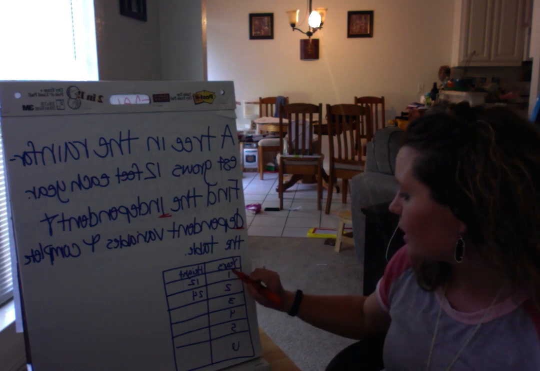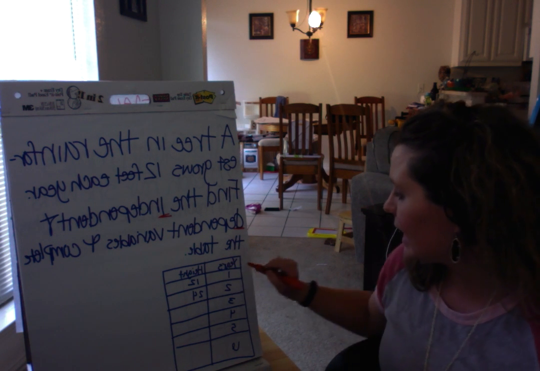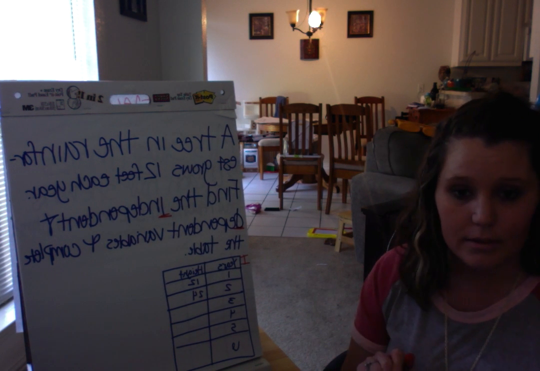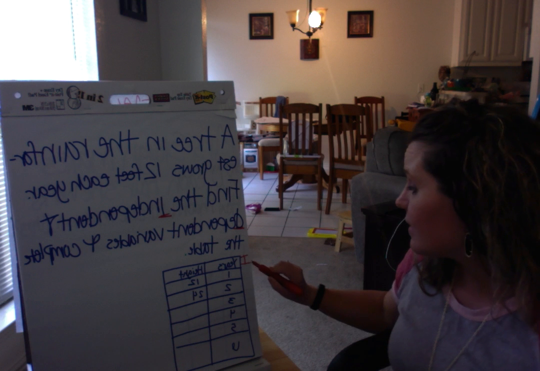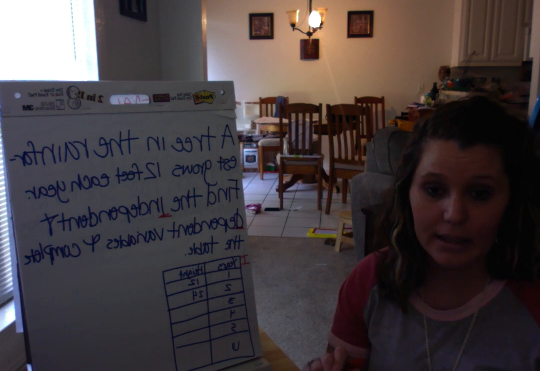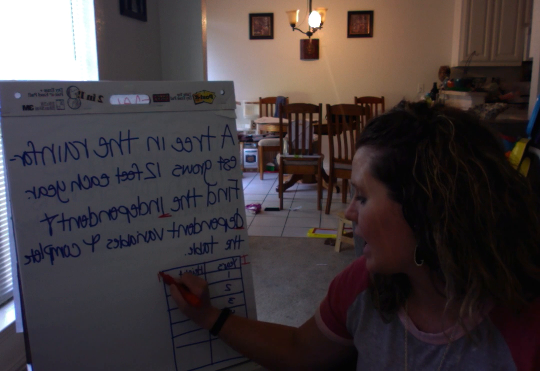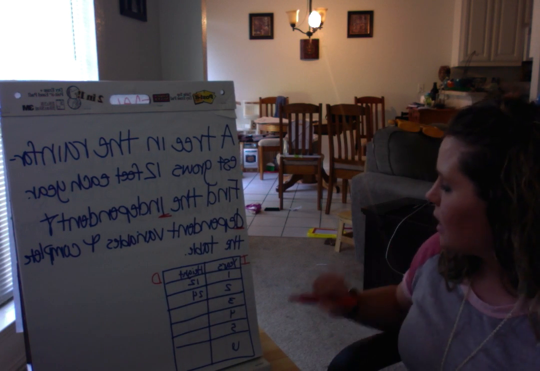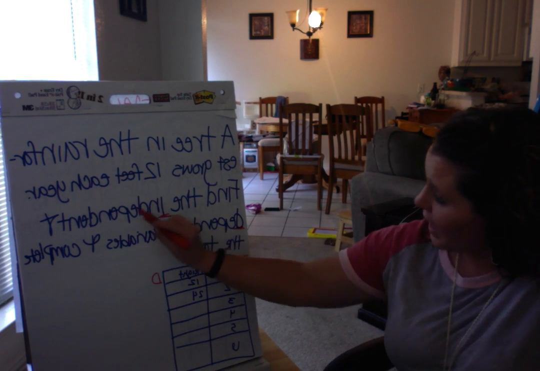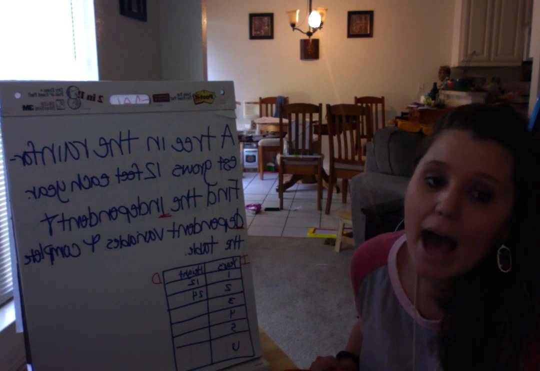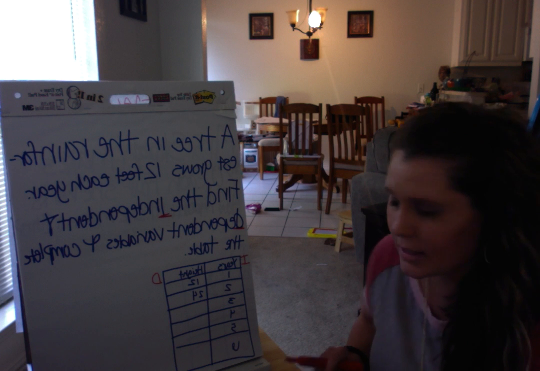That's right, the years would be the independent. So we're going to write an I for years. And if the years is the independent, what would be the dependent? That's right, the height. Now we have found the first part of our problem, the independent and the dependent. Now we need to complete our table.